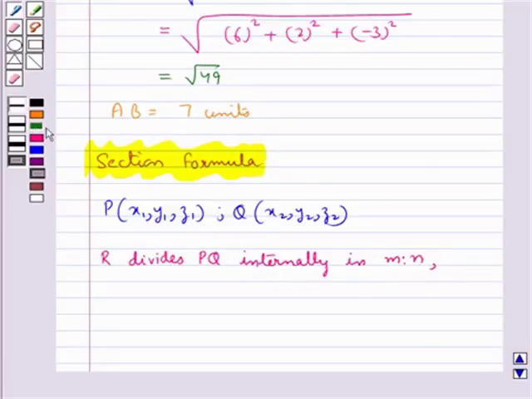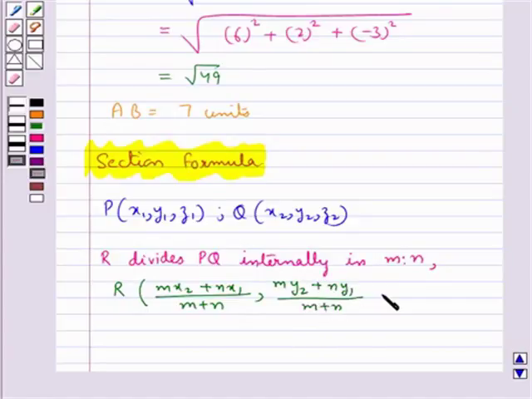Then we have coordinates of point R are given by mx2 plus nx1 over m plus n, my2 plus ny1 upon m plus n, then mz2 plus nz1 over m plus n.